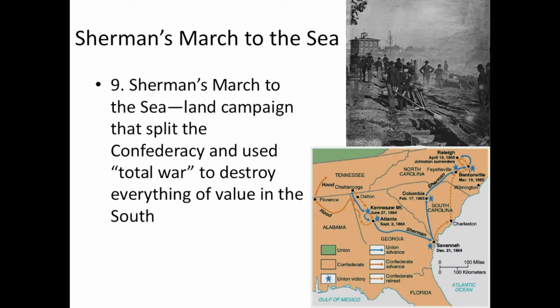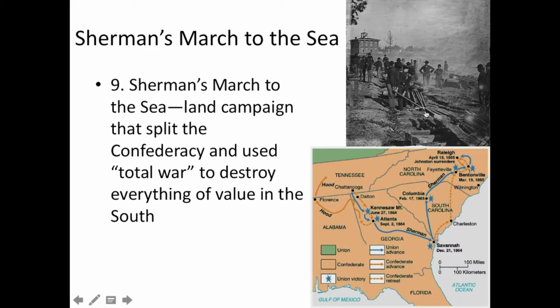He would take their food from them, and so they didn't have very much food to begin with, but he took what they had. There's some stories of him and his soldiers going in a home, basically running the family out, eating that family's food, and then lighting their house on fire. So that's total war. You're going after everything that has value in the South.